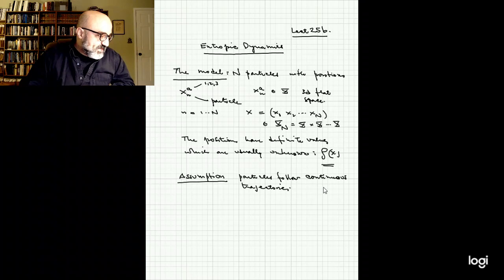So we only really need to think about infinitesimally short steps.